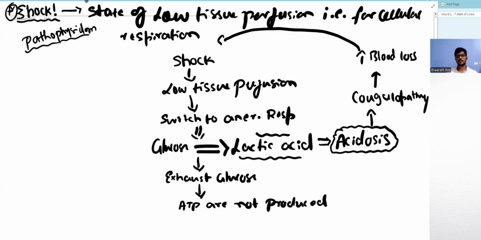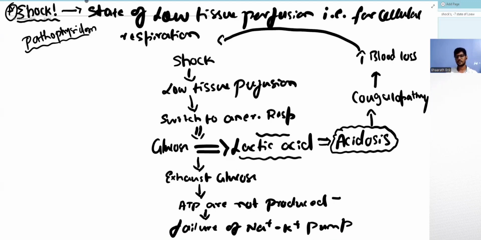When ATP is not produced anymore, that will eventually lead to failure of the sodium potassium pump. One of the most important pumps on the membrane of a cell or of an organelle is the sodium potassium pump. This pump pushes out three sodium in exchange for two potassium going inside, so essentially it maintains the water level inside the cell.